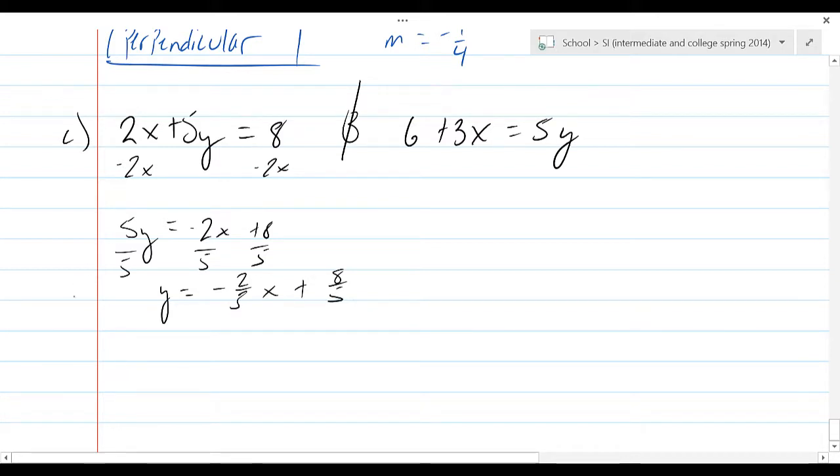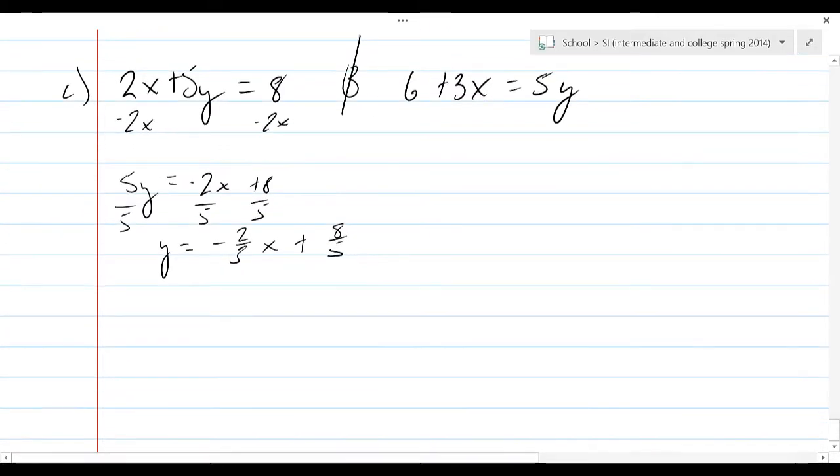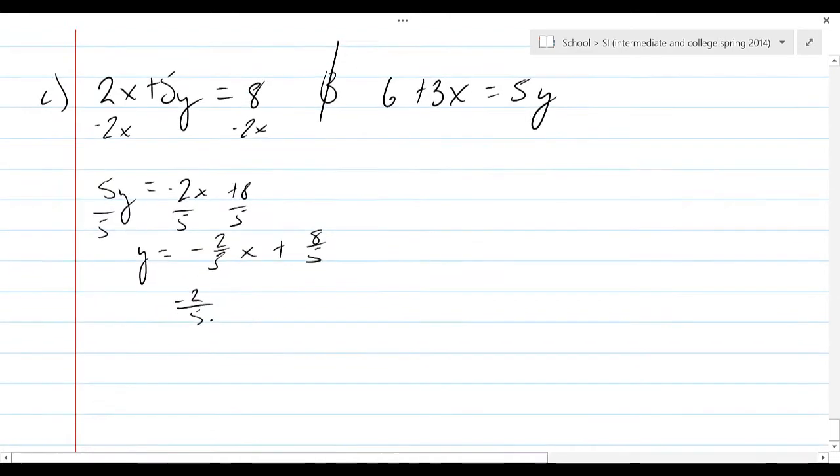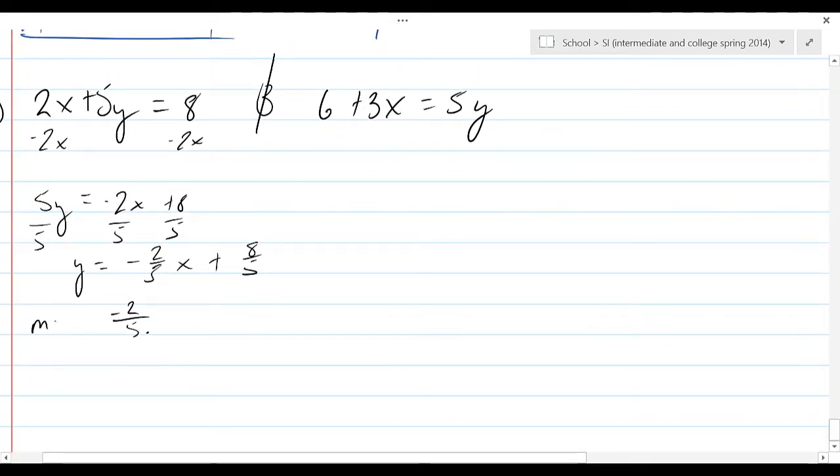Okay, here's line 1. What is the slope of this one? Well, the slope is -2 over 5. Let's find the slope for this guy. Well, this one's already got y on the other side, so I'm going to just divide both sides by 5. So I've got y equals 3 over 5x plus 6 over 5.